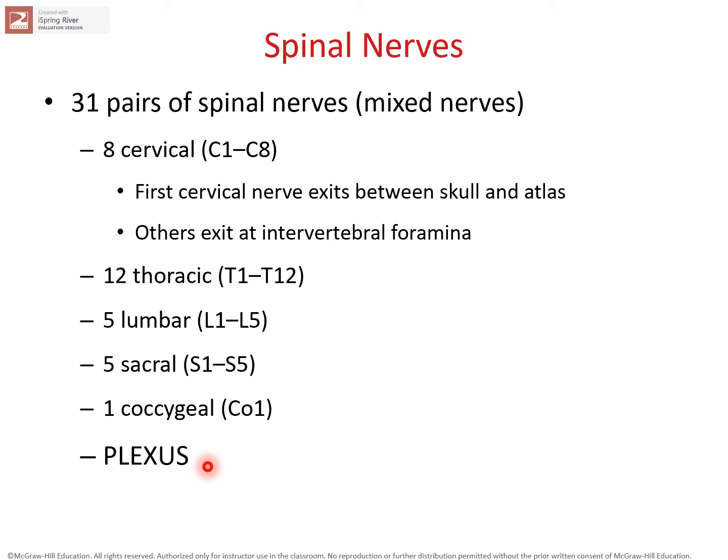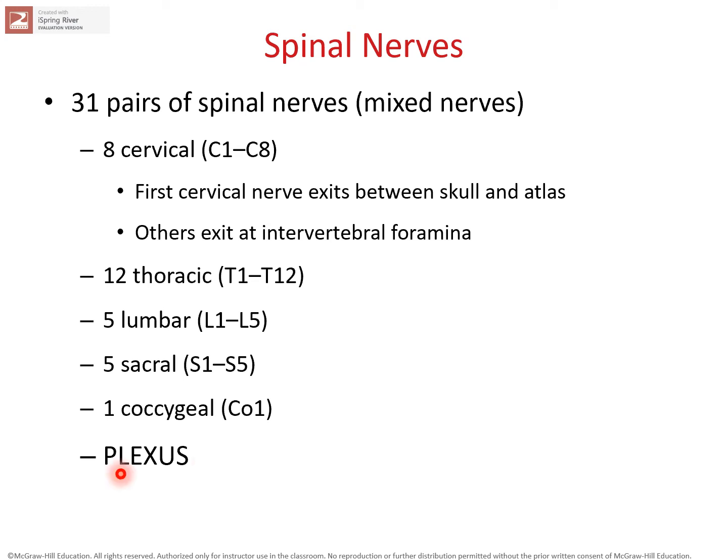So we have 5 basic plexuses. You have the spinal plexus, and in the spinal plexus, you have the cervical, brachial, lumbar, and the sacral plexus, and the coccygeal plexus as well. And then you have the autonomic plexus, and we won't really go into the plexus just yet.